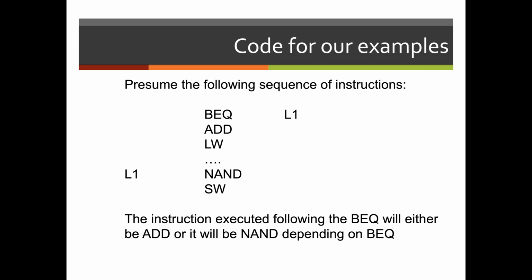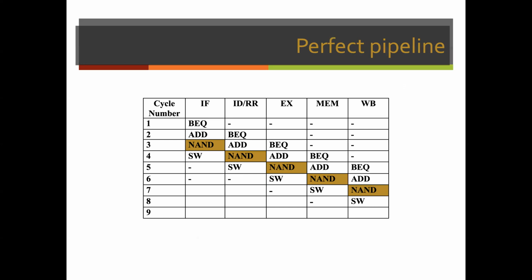And so let's consider that we have the following code and we want to illustrate each stage in our pipeline. So we have our BEQ, we have an add, we have a load, and then we have a NAND instruction as well. And so in a perfect world, our pipeline would execute and complete within 8 cycles.